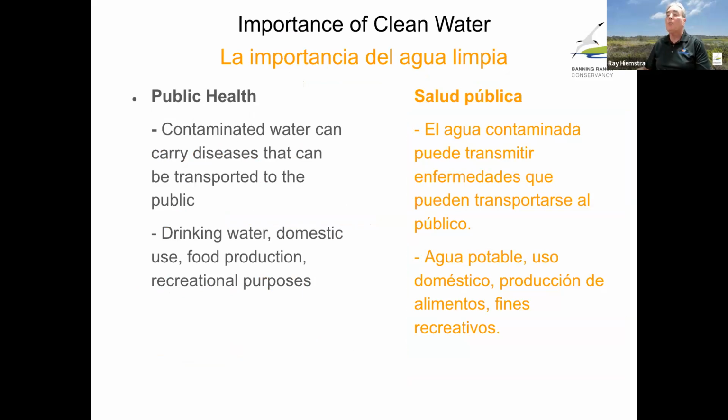But overall, we can depend on the water that comes out of our tap to be clean and safe for us to drink. And that's a big deal because a lot of people throughout the world don't have that luxury. And it's used for drinking, food production, washing our hands, taking showers, and then recreation.